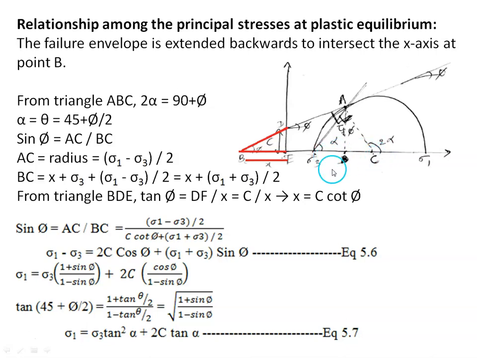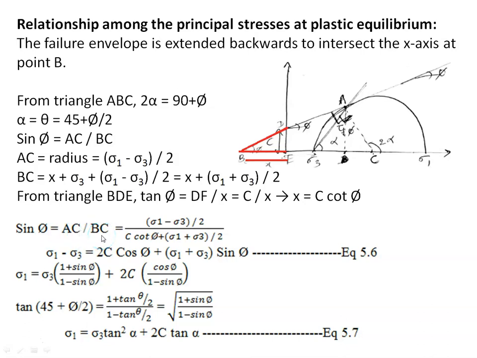So we can write x plus sigma 1 plus sigma 3 by 2. Then from triangle BDE, for this small triangle, we can write tan phi equals c by x. From this we can write x equals c cot phi. Then sin phi equals AC by BC.